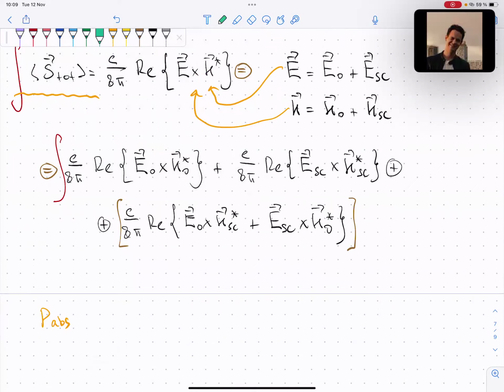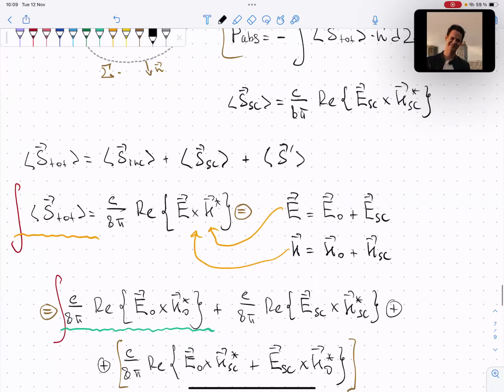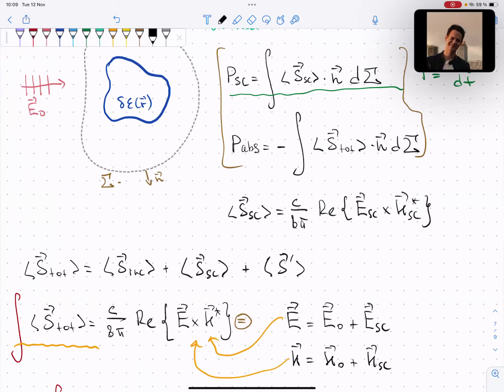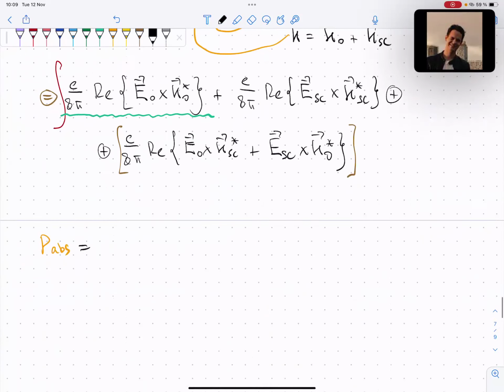If we integrate this term here, we will get 0, because in the background field, the energy incoming into the volume of the resonator, the volume of this scatterer, is the same as the energy outgoing from this sigma, from the volume encapsulated by this sigma.